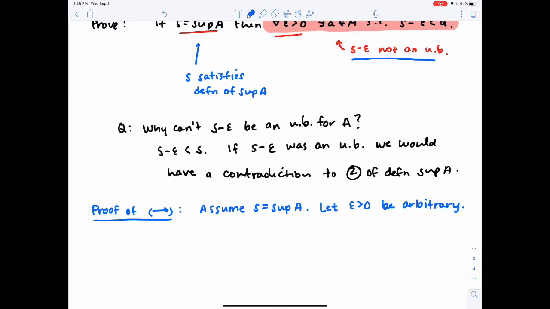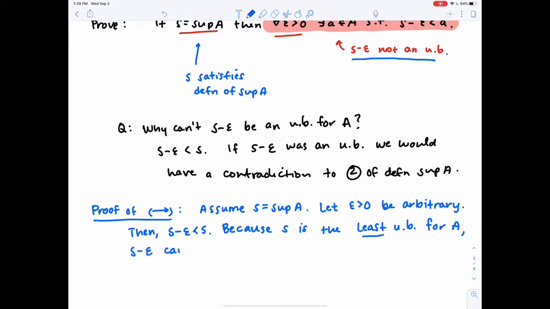Then, remember what that means. S minus epsilon has to be less than S. Because S is the least upper bound for A, S minus epsilon cannot be an upper bound for A. Since it's smaller than S, that would contradict this assertion that S is least.